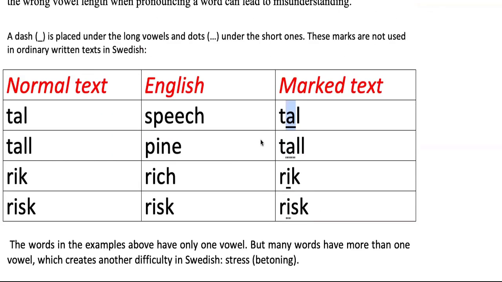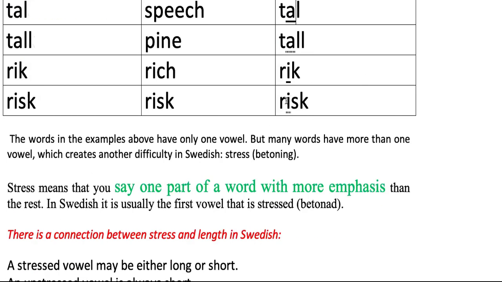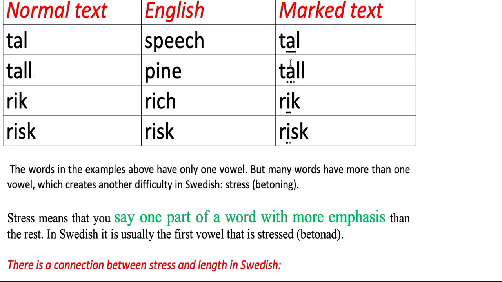For example, here you have this is stressed, and it is a long vowel, and this is also stressed, but it is a short vowel. Tal, tal. And an unstressed vowel is always short. That we have to remember. Here we have technically only one vowel in all four examples, and they are stressed, either long or short.